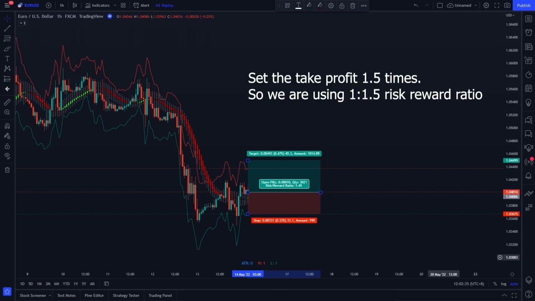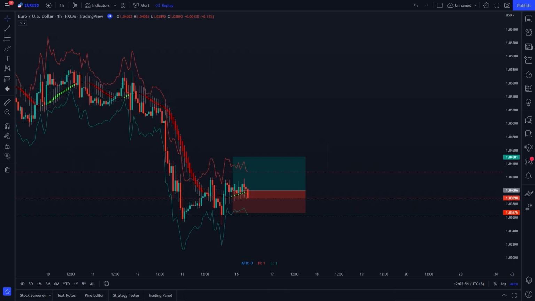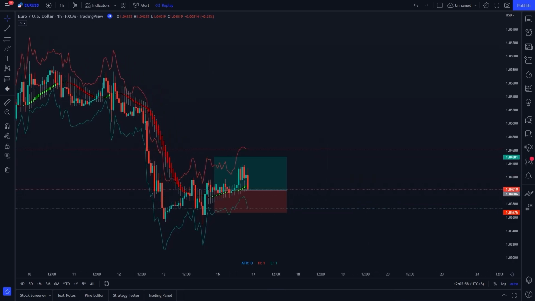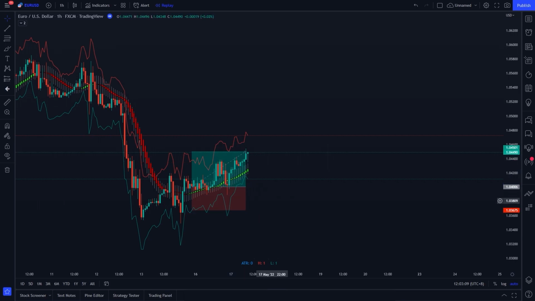Set the take profit 1.5 times, so we are using 1 to 1.5 risk-reward ratio. Let's see now. This trade hit the take profit.